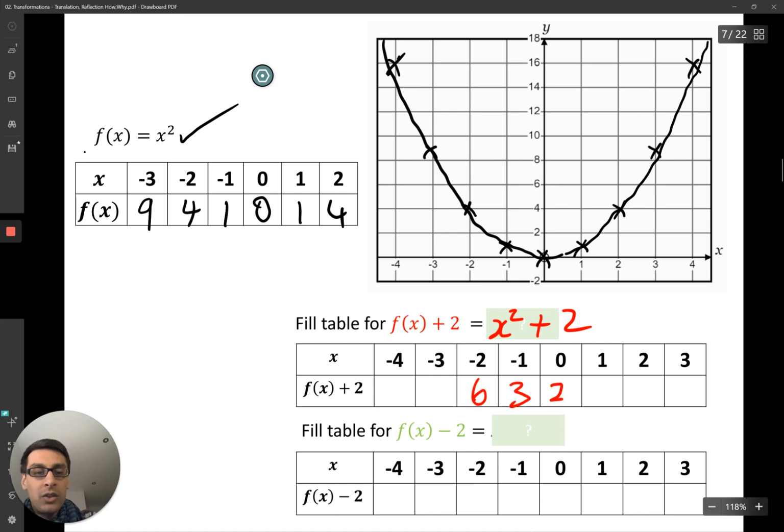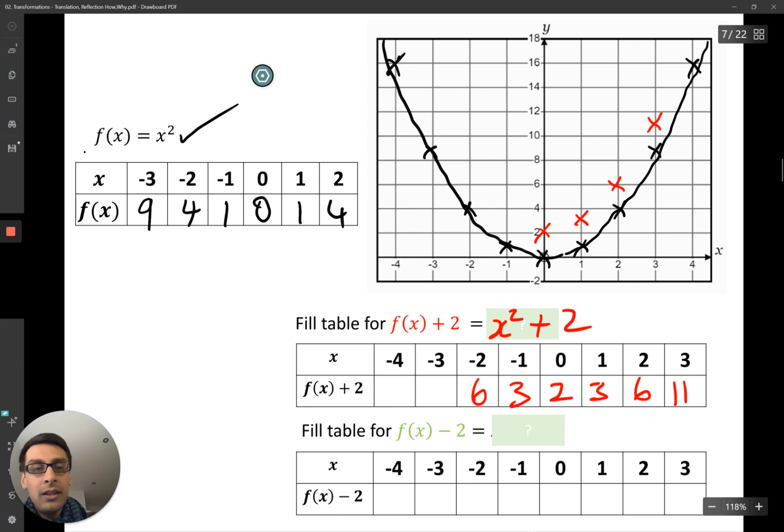This is going to be 2. 1 squared is 1, plus 2 is 3. 2 squared is 4, plus 2 is 6. You can see some symmetry here. And if I start plotting these points, I end up with 0, 2. 1 goes to 3. 2 goes to 6. 3 squared is 9, plus 2 is 11, so that's going to go up to 11.